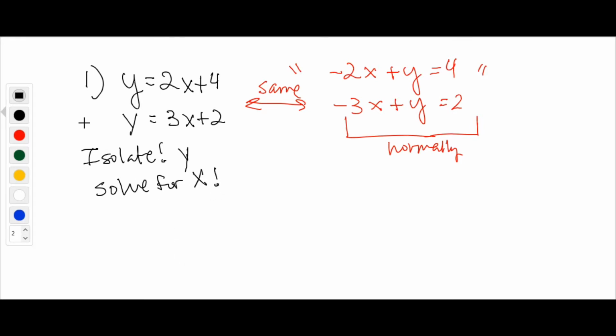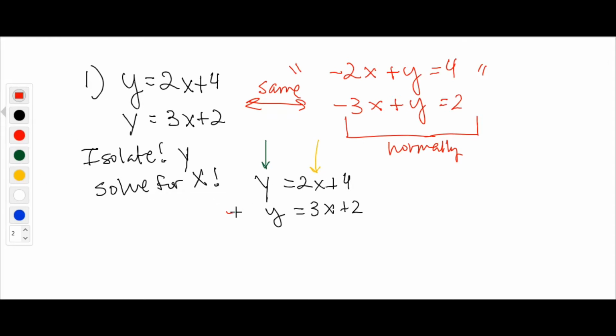Now, how do we do that? When rewriting this equation again, y equals 3x plus 2, you want to isolate y, which we did. We want to solve for x.